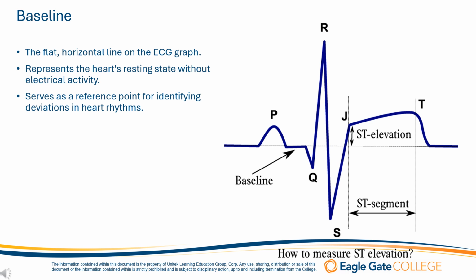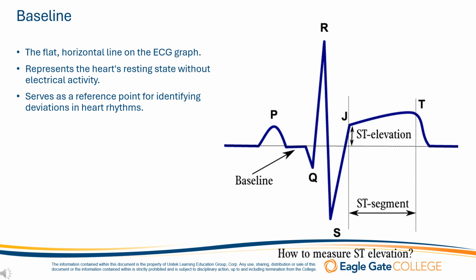The baseline is crucial for identifying when the heart is at rest. It helps to distinguish the various waves and segments that occur during different phases of the heart's electrical cycle, and when there is no depolarization or repolarization happening, the ECG trace returns to this flat line. So the baseline serves as a reference point for identifying and measuring the electrical activity of the heart.